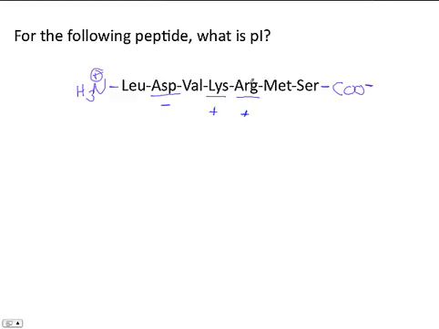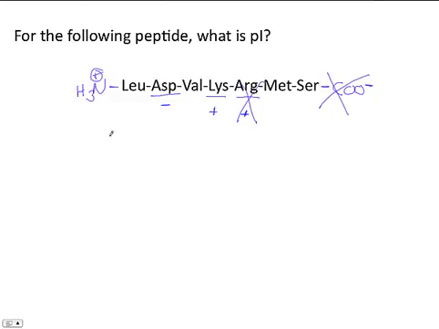So we're going to cancel out the arginine with the serine carboxyl because those are the extreme negative and the extreme positive. So now we're left with a positive charge from lysine, a positive charge from the amine group on leucine, and a negative charge on the aspartic acid. So we've got an imbalance of charges.